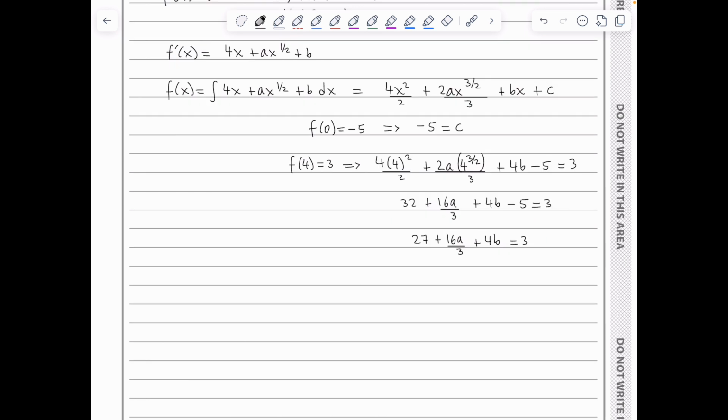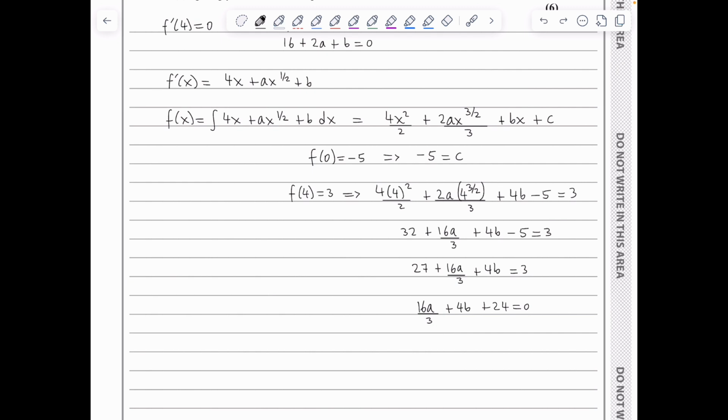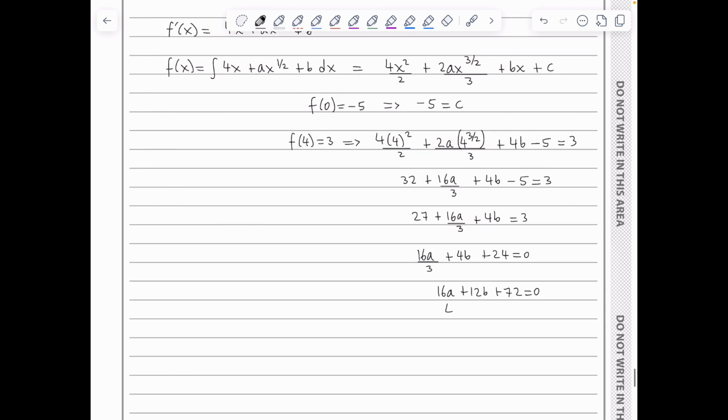Well, I will collect everything on the left-hand side, so we get 16a over 3 plus 4b plus 24 is equal to 0. I will now multiply throughout by 3 to get 16a plus 12b plus 72 is equal to 0. And I'll divide everything by 4 to get 4a plus 3b plus 18 is equal to 0.